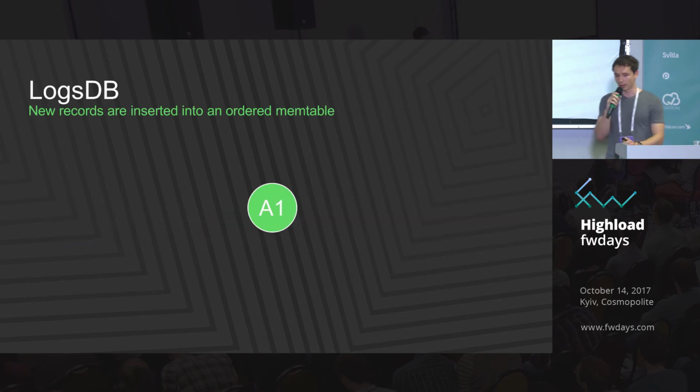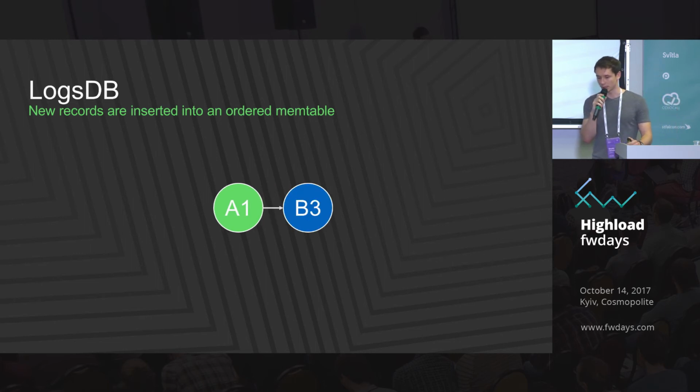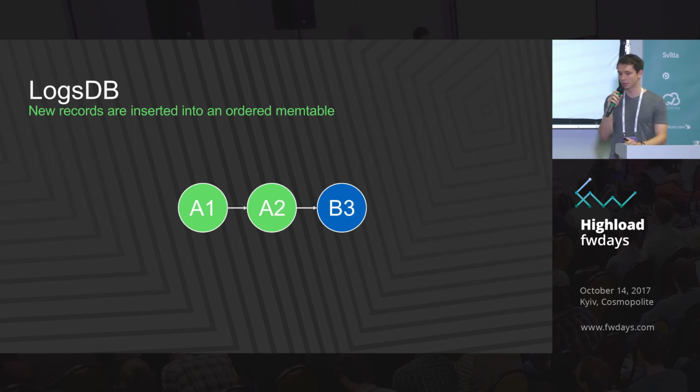So let's take a look at how LogDB inserts new records. LogDB first stores them in RAM to make it efficient, and it's stored as a memtable.